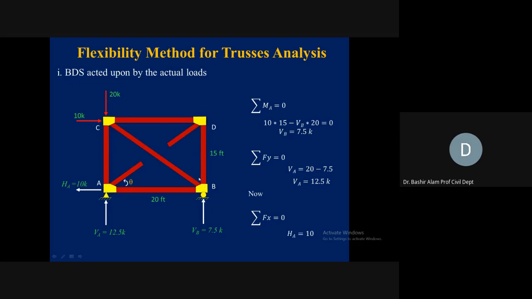And that downward is possible when this member BC at B, its force is directed towards B, not away, then that downward vertical component is possible.